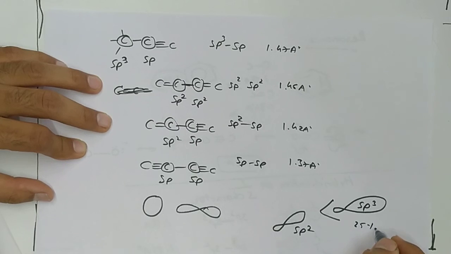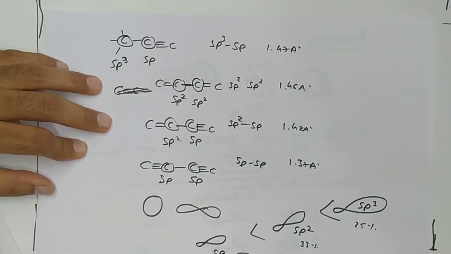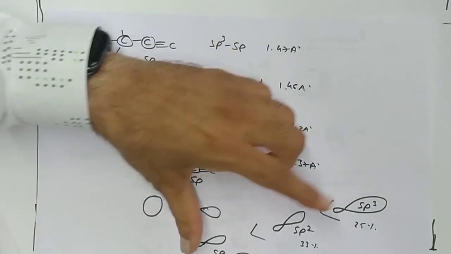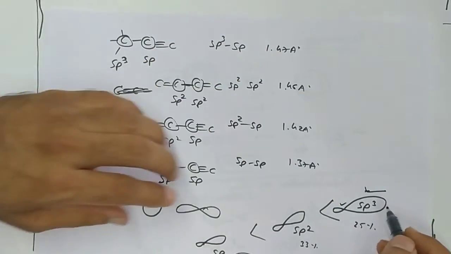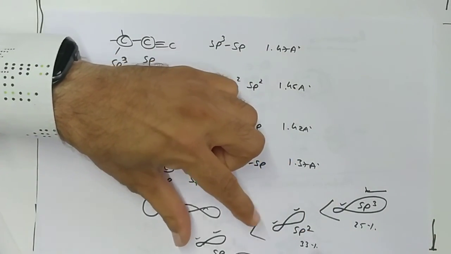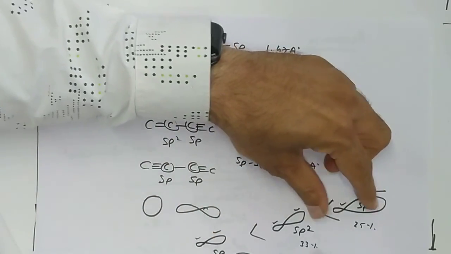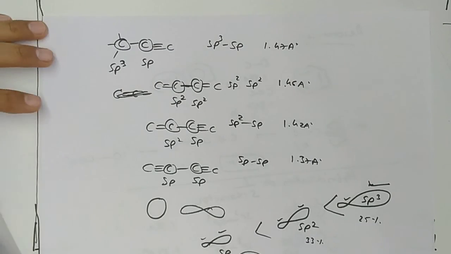Here s character is 25%, here 33%, and in the case of sp, which is very small, s character is 50%. In sp3 there is a big lobe and a small lobe. So sp hybrid is small, then sp2 and sp3, so size decreases gradually.